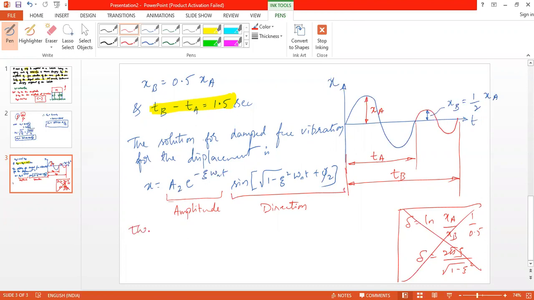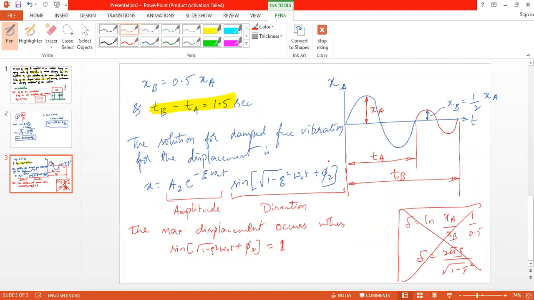And the maximum displacement occurs when sin of root 1 minus zeta square omega nt plus phi 2 is equal to 1. Right?